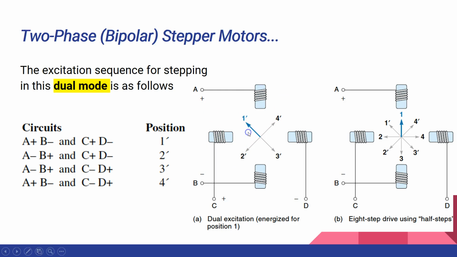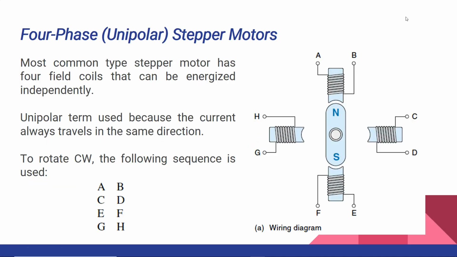Now let's see next. So next is the four-phase stepper motors, and it is the most common type of stepper motor, which has four independent field coils, and these can be energized.